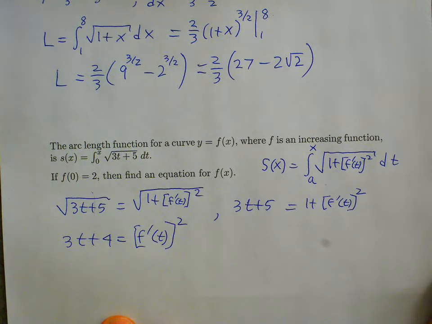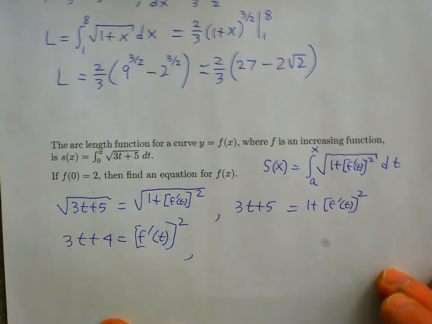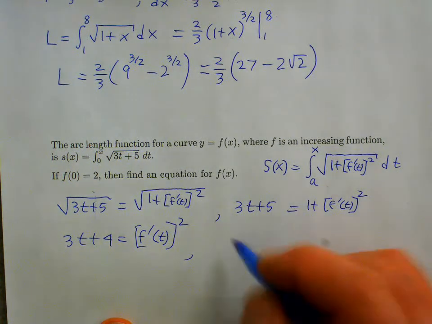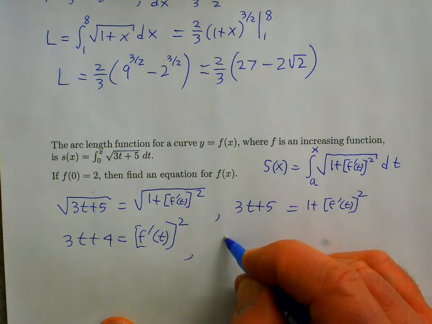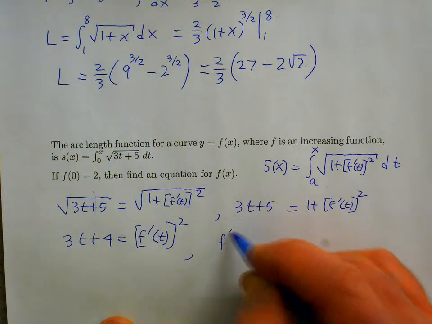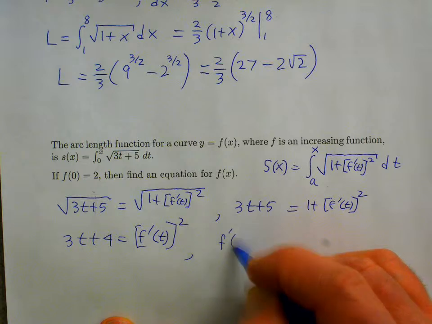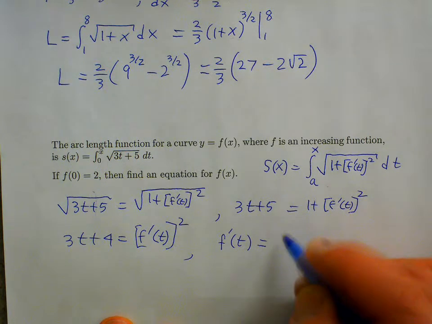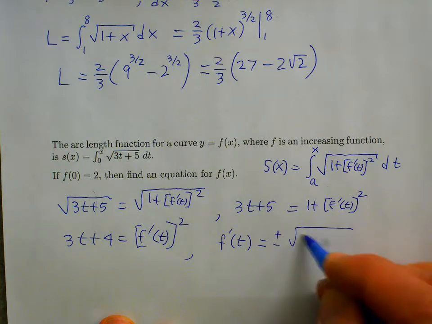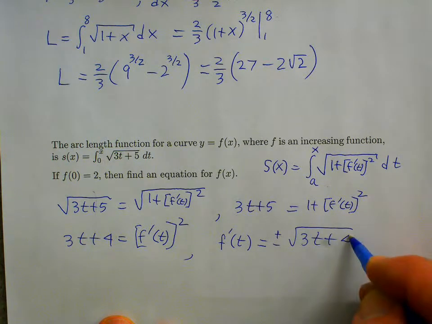Okay, now what? Yeah, apply the square root method. So let's write it as f prime of t equals positive or negative square root of 3t plus 4.